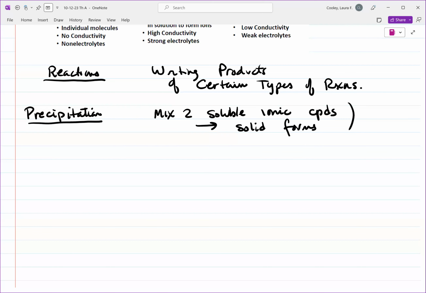This is what it looks like, okay? You mix these two soluble ionic compounds, so the solutions are clear, both of them. They may not be colorless, but they're definitely going to be clear. And you see cloudiness forming, and then you see a solid form. Eventually, it settles on the bottom.